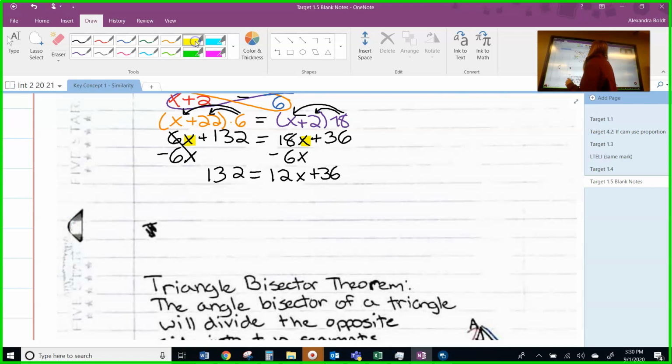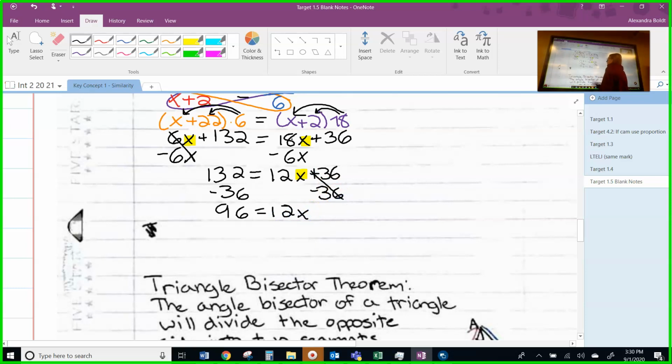So now I still have this x that I'm solving for. So I'm going to subtract 36. All right, those cancel, and 132 minus 36 is 96. So we have 96 equals 12x.